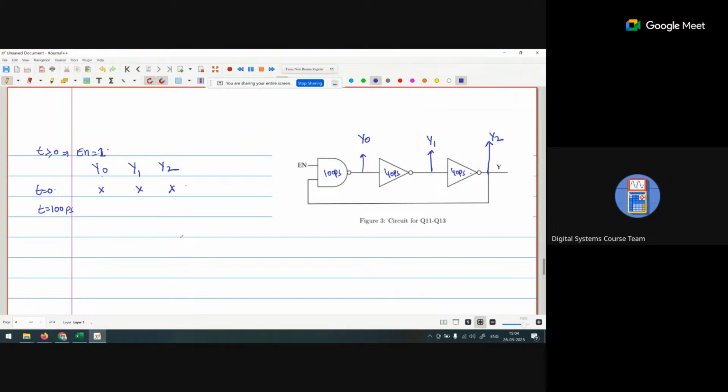Why? Because any changes you have done will appear only after 100 picosecond. You apply the input at t equal to 0, you consider y equal to 1, and that will be effective after 100 picosecond. Clear? So we are taking both cases, y equal to 1 and y equal to 0.